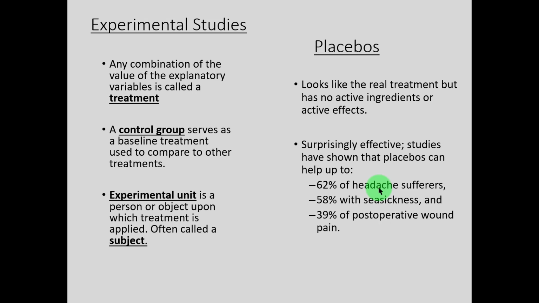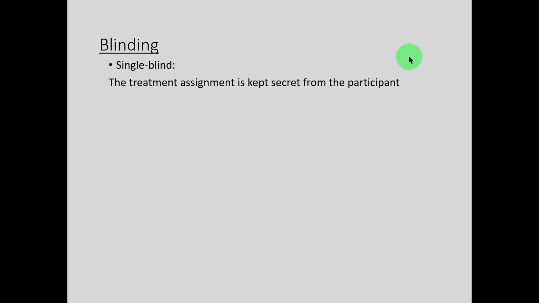It's pretty interesting stuff. Let's talk about another property present in experiments, that of blinding. You may have heard of blinding before. There are generally two types. We have single blind, where the study participant is unaware of the treatment that they are receiving.